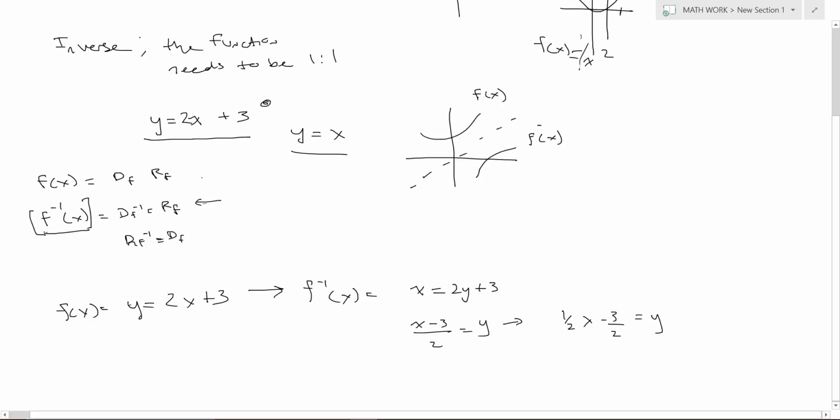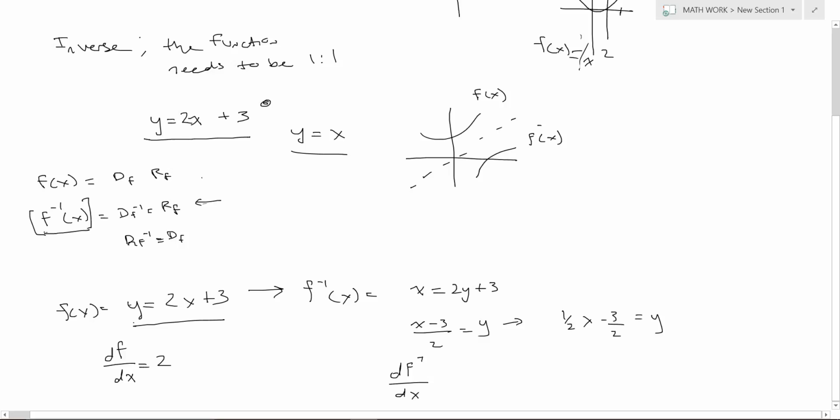So initially, let me go back to this original function here. We take the derivative of this, right? Actually, let me say this better yet. df, our derivative, is simply 2, correct? Well, check it out here. If we take the derivative of the inverse function, that's negative 1 right here, by the way.